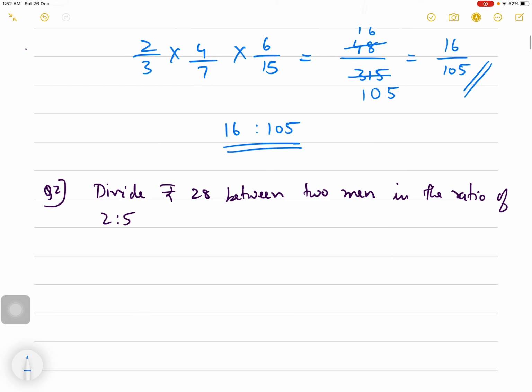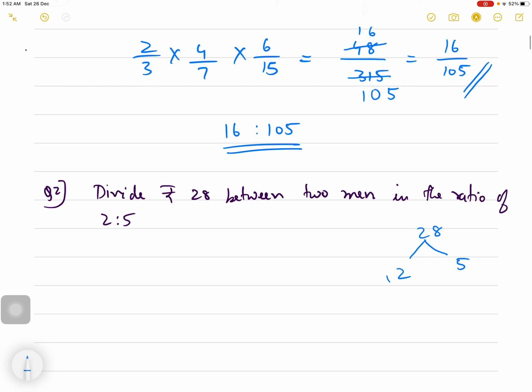Next question. Divide rupees 28 between two men in the ratio of 2:5. So how do you divide? Take the sum of the ratio, which is 2 plus 5, which is 7.